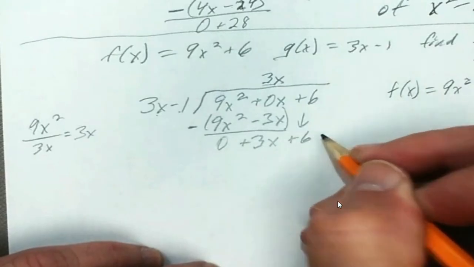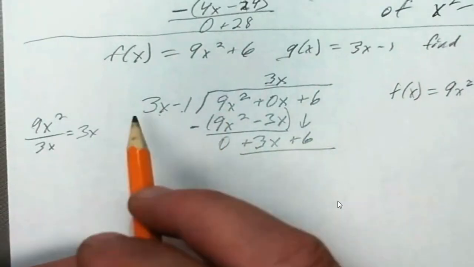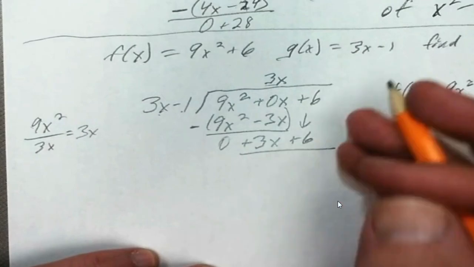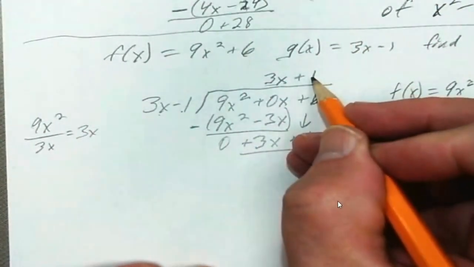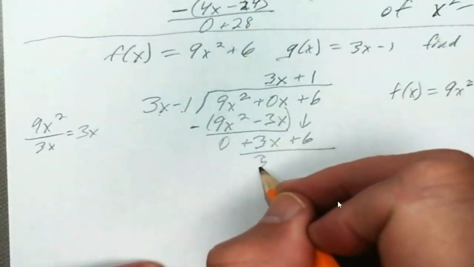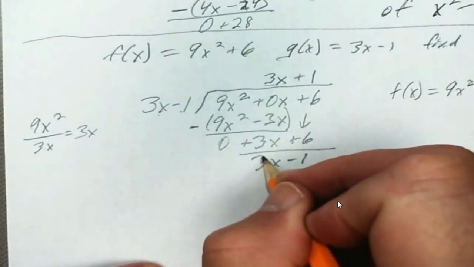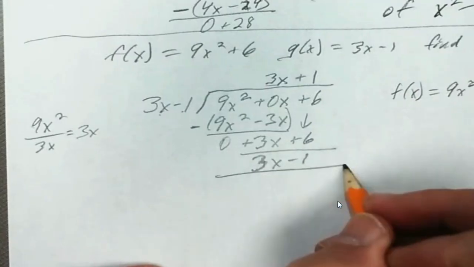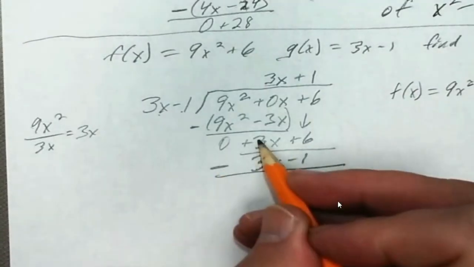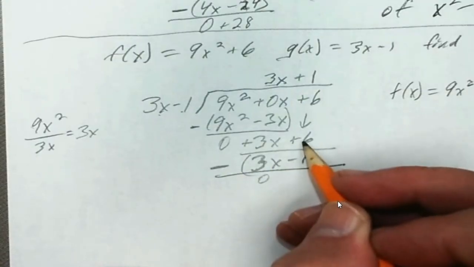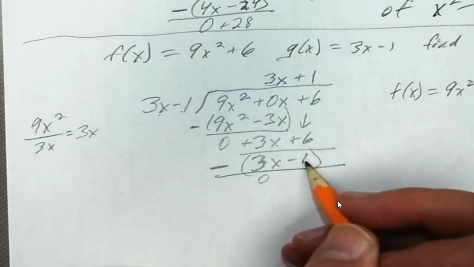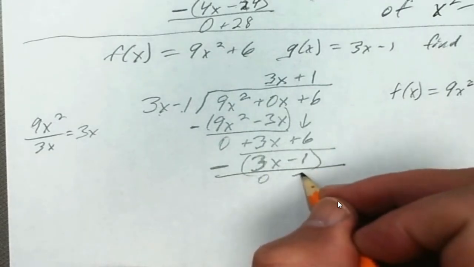Plus 6. How many times does 3x go into 3x? One time. So 1 times 3x minus 1 is 3x minus 1. Subtract that, 3x minus 3x, 6 minus a negative 1 is 7.